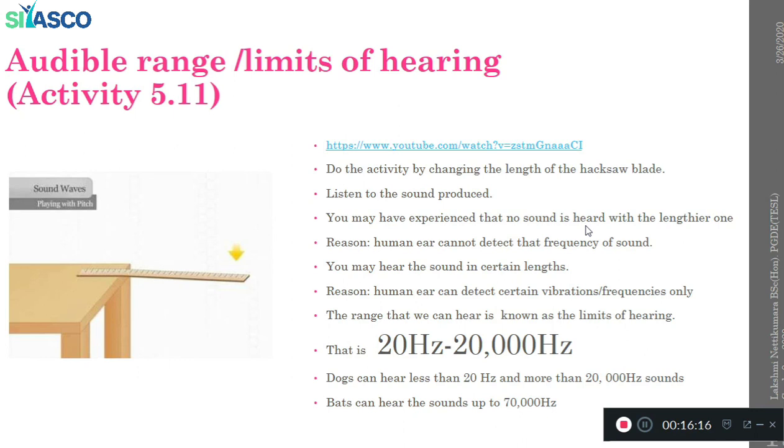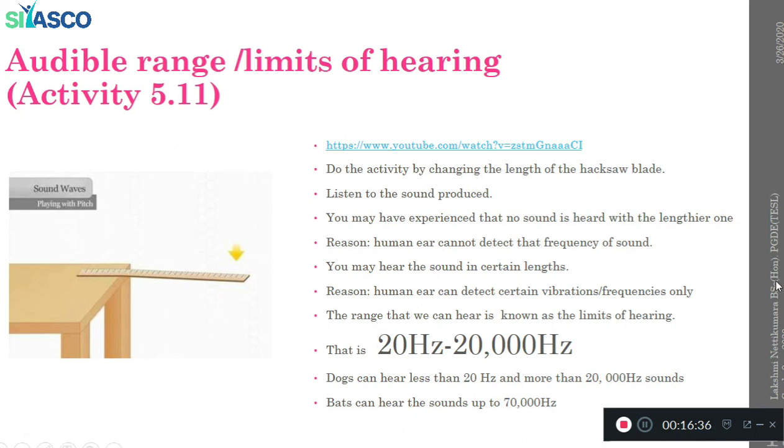When you shorten the blade slowly, you hear only the sounds within a certain range of vibrations. We give a scientific name to this range: the audible range, or limits of hearing.